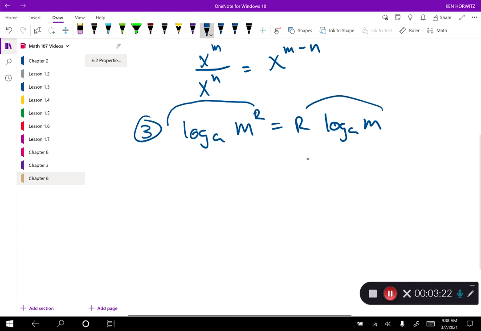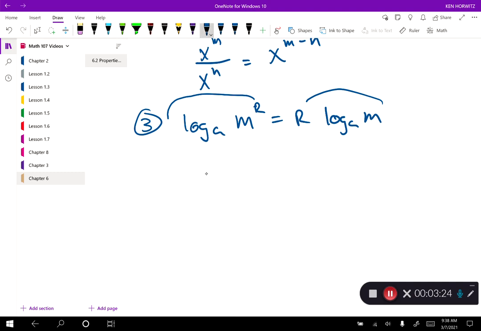And there is a power property in exponents that says x to the m raised to the n power. When you raise a power to a power, you multiply your exponents. All right, so those 6 properties are the major ones we're going to look at. There are a couple of other properties that we're going to use on occasion. As they come up, we'll talk about what they are, but I want to focus on these 6.